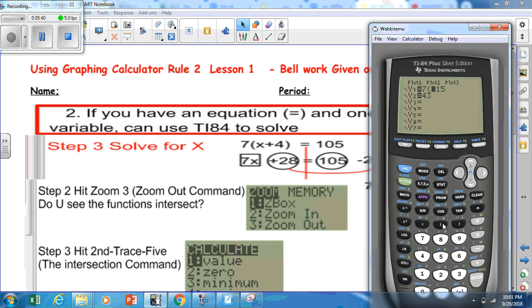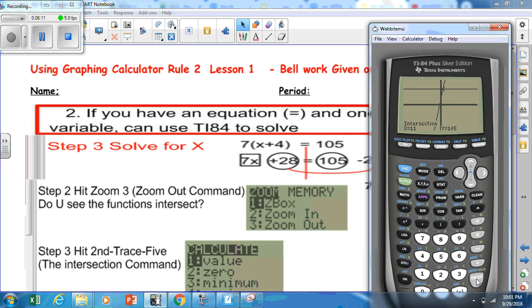Hit zoom 3. Phenomenal, first time. All right, second trace 5, 3 times: 1, 2, 3. All right, again, my answer should be 11, and sure as we stand, 11 is what I get.